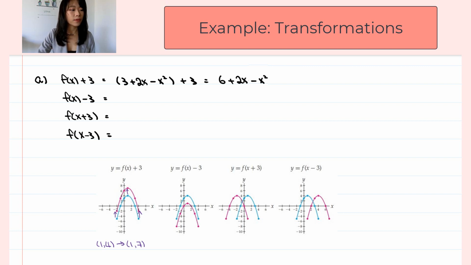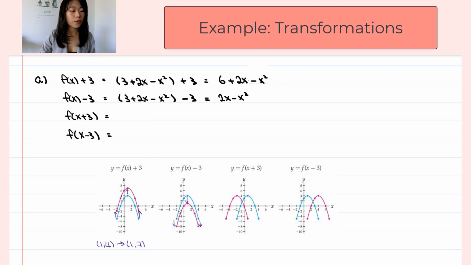How about the second transformation? We subtract 3 from the function. f of x is 3 plus 2x minus x squared. Then we subtract 3, so we get 2x minus x squared. If you substitute the 5 points, you'll find that the y values all move downward by 3 units.